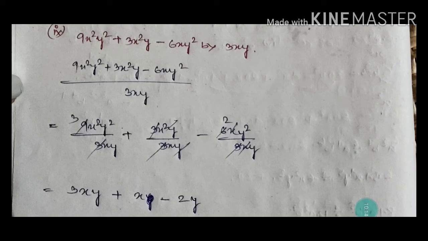If it is binomial, that one we will discuss in the next exercise. So all together there will be one exercise, I think F, where monomial divisors will be there, binomial divisors will be there, and trinomial may be there. So at that time, by looking at the denominator, what terms and what factors are given, according to that you have to apply.